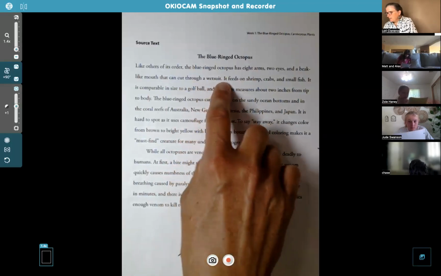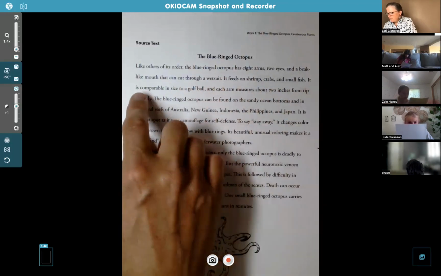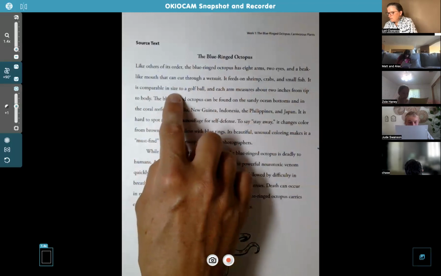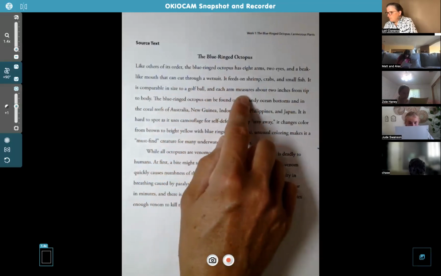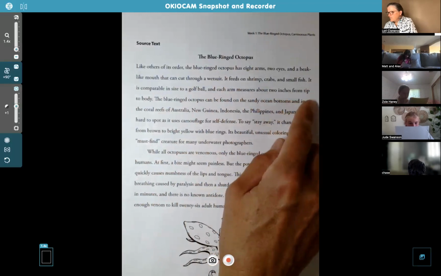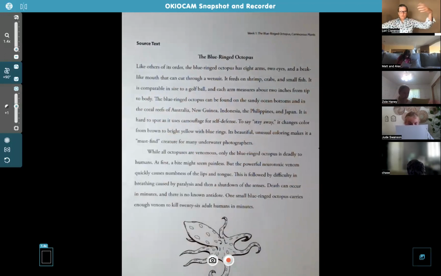Okay, I'm going to keep going. It feeds on shrimp, crabs, and small fish. It is comparable in size to a golf ball. And each arm measures about 2 inches from tip to body. Okay, so my image inside my head just changed because I've only seen those big octopus. Even this picture looks big to me, like it's long.